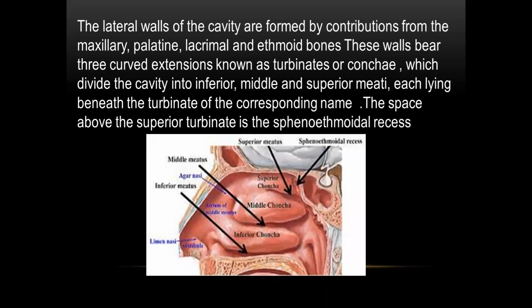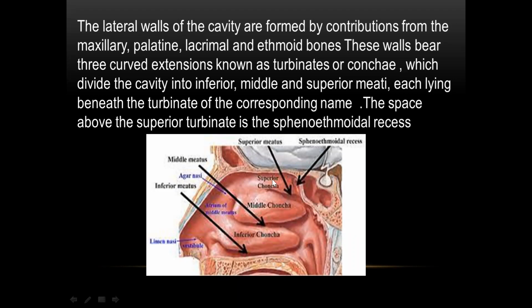These form curved extensions known as turbinates or conchae. Except for the inferior turbinate or inferior concha, which is a separate bone. Below each concha or turbinate, there is what is called a meatus. The meatus is where most of the paranasal sinuses open. The area above the superior concha or superior turbinate we call the sphenoethmoidal recess, which receives the opening of the sphenoid sinus.